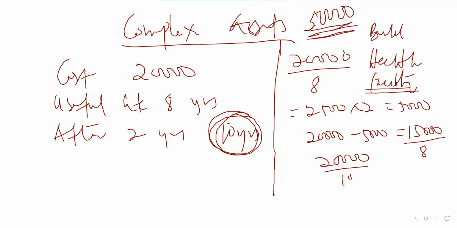Or any asset that is bought not for its own use, but to help in the production of other assets should also be classified as property, plant, and equipment. So any asset that is for administrative purpose should be classified as property, plant, and equipment.